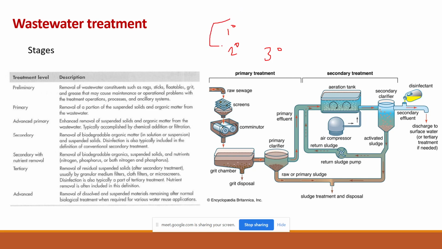Primary or preliminary is aimed at removal of large materials or floating debris. In secondary, most of the degradation of organic matter takes place and your BOD gets reduced. Then in tertiary, you have ultraviolet disinfection or ozone treatment where the pathogens are removed from the secondary treated water.